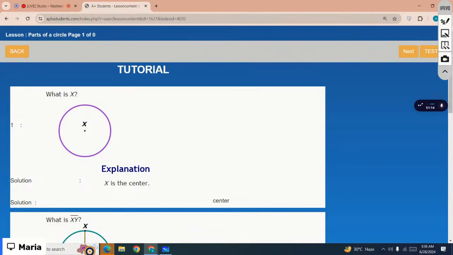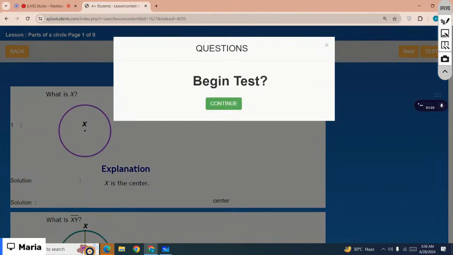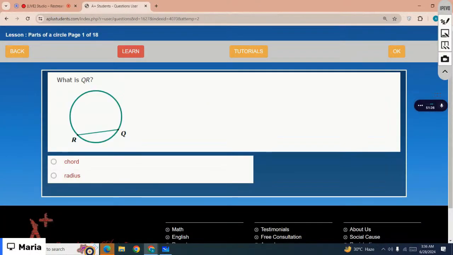What is X? X is the center of the circle, right? Let's just start with the test questions. What is QR?